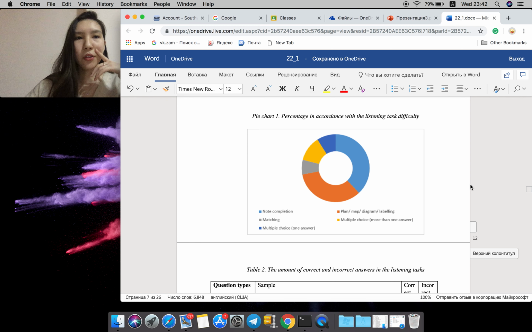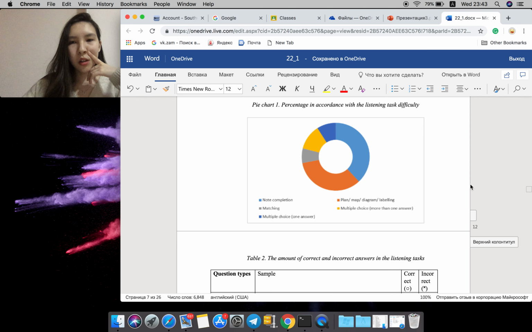In the first figure, you can see a pie chart which describes which types of listening tasks are really hard for them. You can see that plan, map, diagram, and labeling, and then note completion are the two hardest for the students.